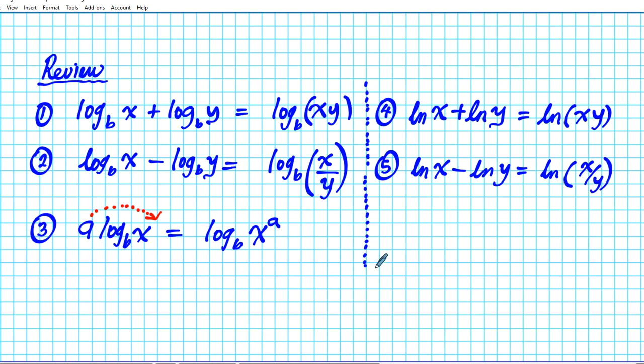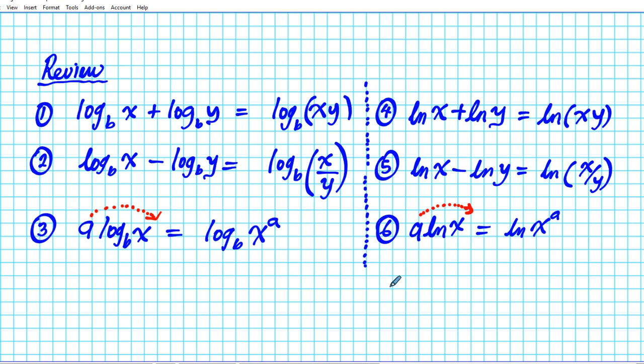And then, of course, if you have a coefficient for your natural logarithm, let's say a ln x, this can also be written as the natural logarithm of x raised to the a power, a consequence of powering up your logarithmic coefficient, the coefficient of your logarithmic term.